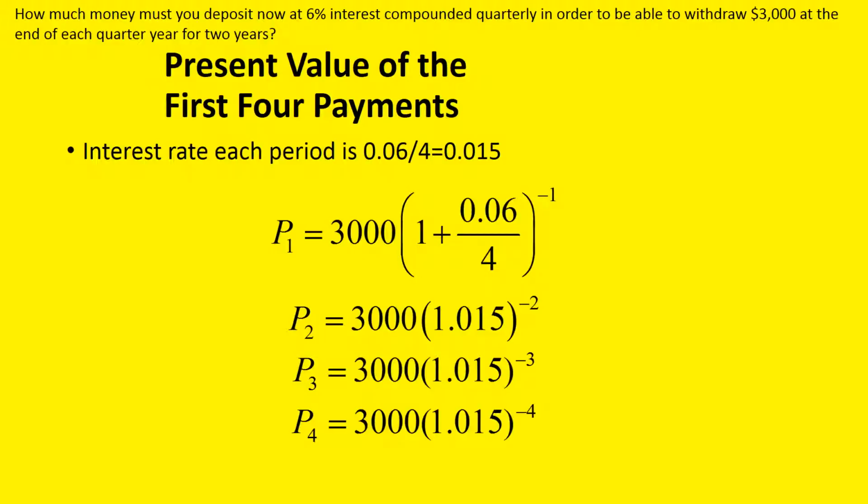Okay, so the first 4 payments, we don't know what they are. We're trying to figure that out. What is the present value of this annuity that is going to allow us to make these withdrawals, which from the bank's perspective are payments of $3,000?